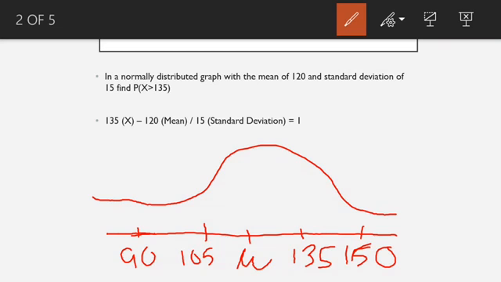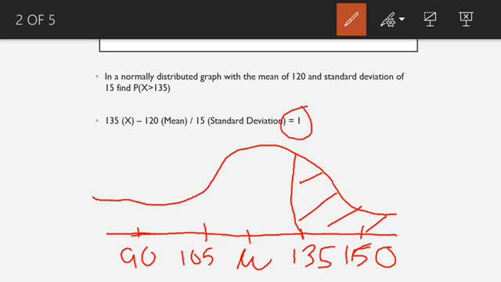In this problem, we are looking at the probability of x being greater than 135. So the shaded part will be here, going to here, since we're looking at the probability that is greater than 135. By performing the calculations, we know the value is 1.